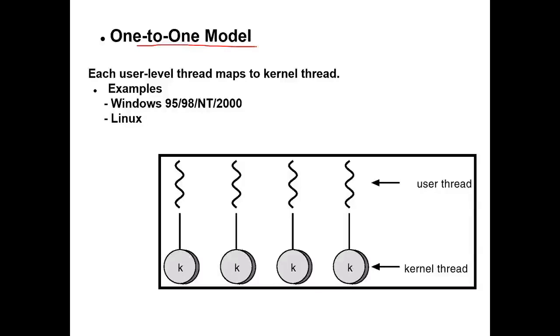Next, the one-to-one model. In this model, for each user thread that is generated in the user space, a kernel thread is also generated. So each kernel level thread is managing one user level thread.